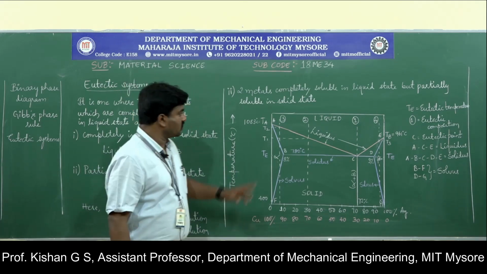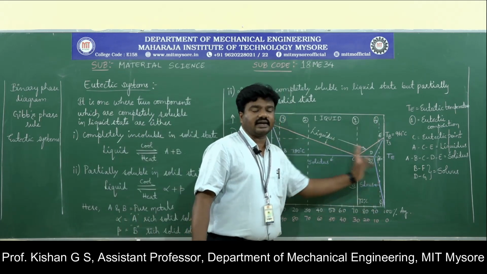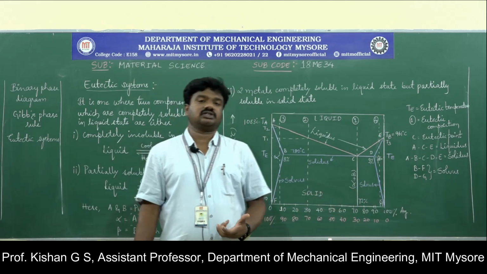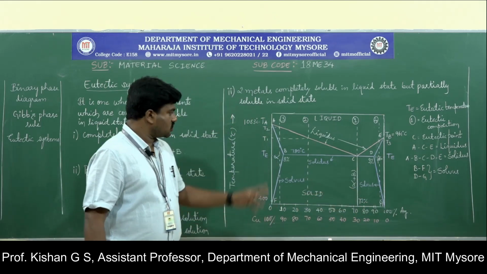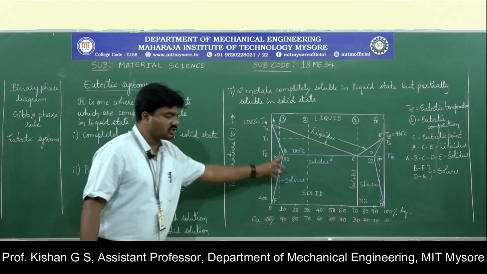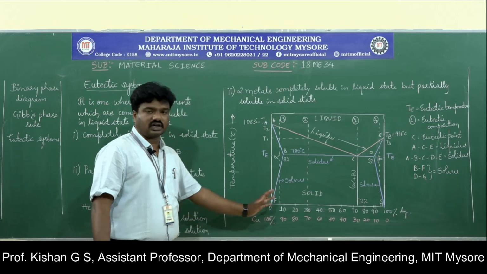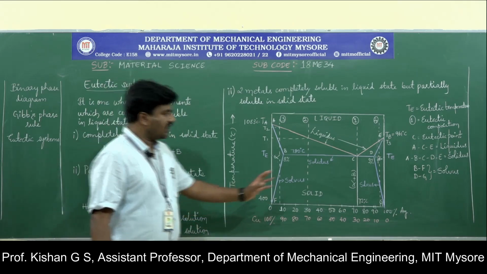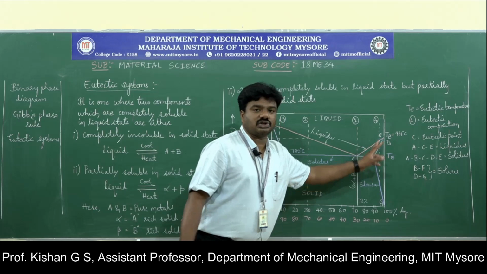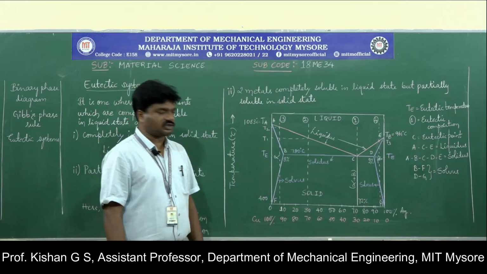So that is composition 3 and composition 4, wherein it lies in the range where partial solubility is considered. So alpha and beta, as we have defined here, alpha is the rich mixture of A material. Here the material A is copper, which is taken towards the left side, and beta is the rich mixture of silver material, since silver is taken towards the right for the representation.